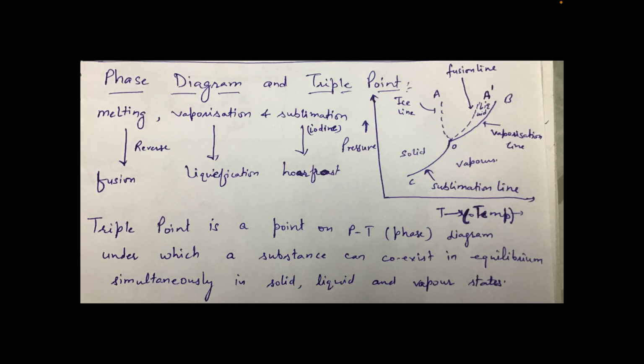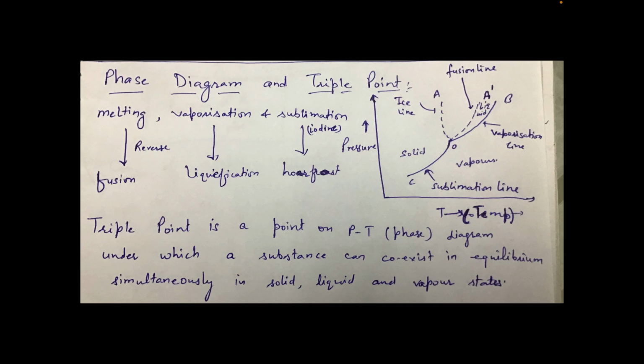The substance may be in solid phase, liquid phase, or vapor phase. And now we discuss the modes of phase changes, that is the process through which the substance can change its phases.